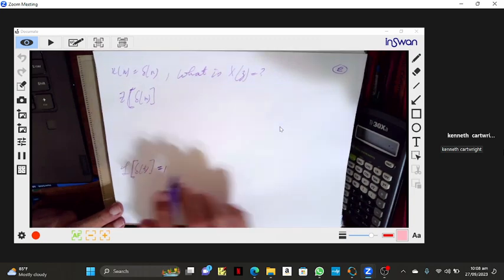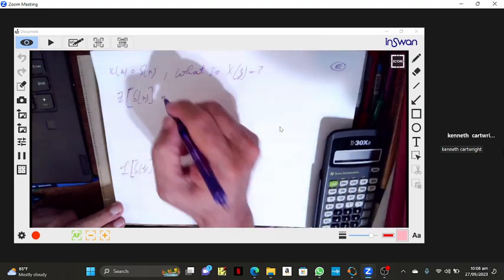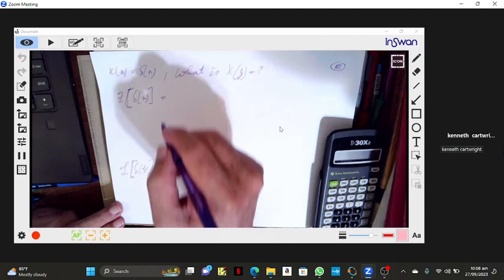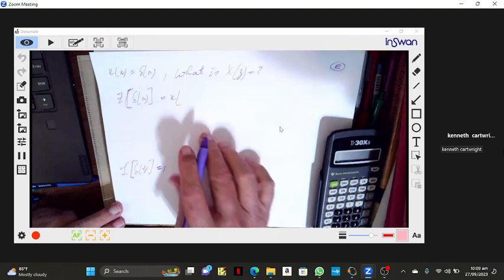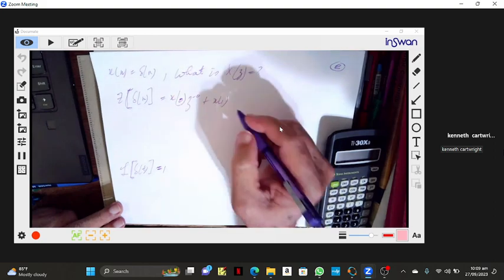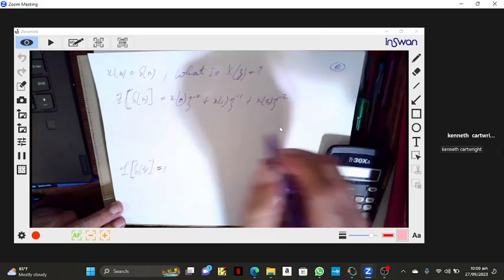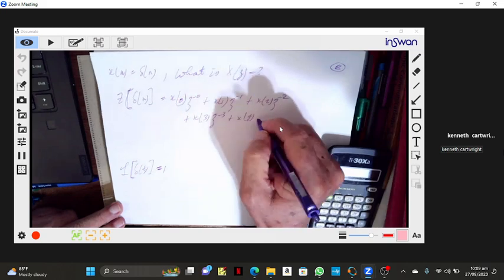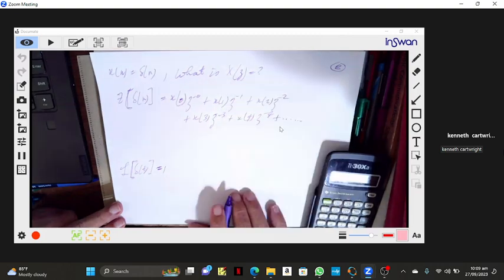So for the digital, the z transform, let's apply the rule. The rule is x of 0, z to negative 0, plus x of 1, z to negative 1, plus x of 2, z to negative 2, plus x of 3, z to negative 3, plus x of 4, z to negative 4, etc., all the way up to infinity.